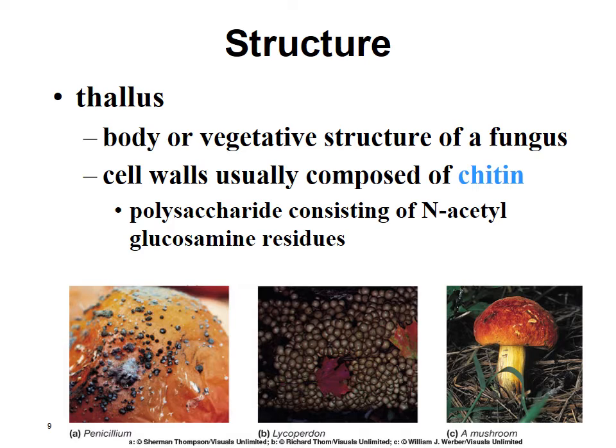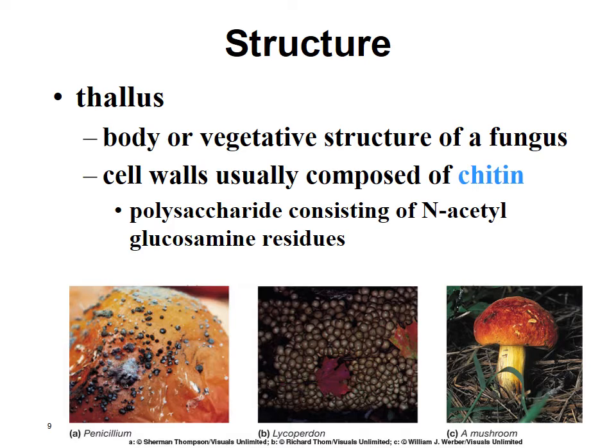Some different fungal thalli are pictured here. In A, we have the multicellular common mold penicillium growing on an apple. In B, a group of puffballs, lycoperdon, growing on a log. And in C, of course, we have a mushroom.